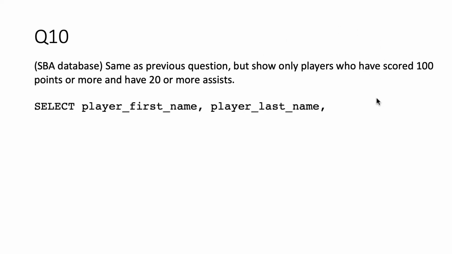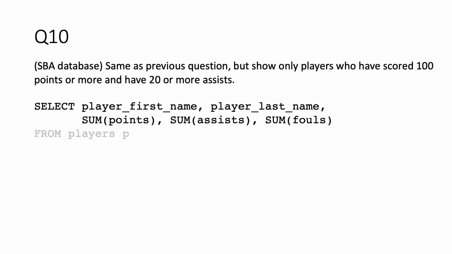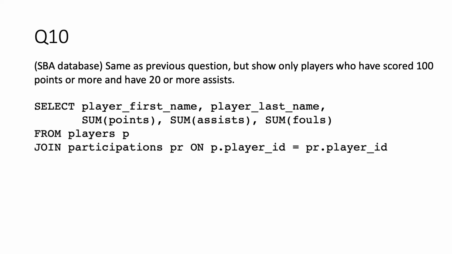So it will look like this: select player first name, player last name, sum of points, assists, fouls. All of this is just like before, and the join is the same, except that we want to show only those players for whom the number of points is 100 or more and the number of assists is 20 or more.